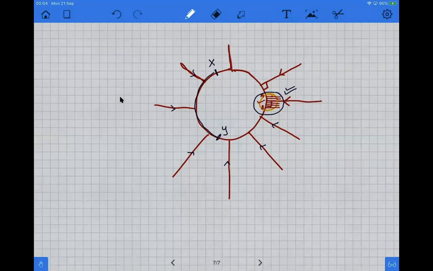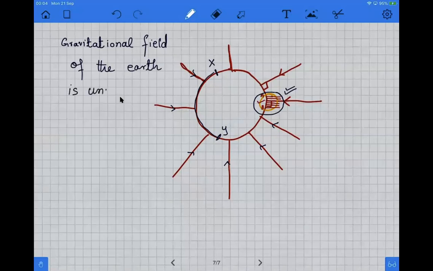So we must write that the gravitational field of the Earth is uniform for small or short distances or heights.